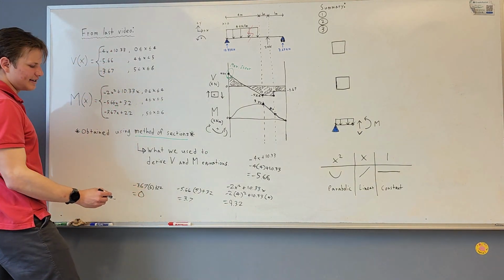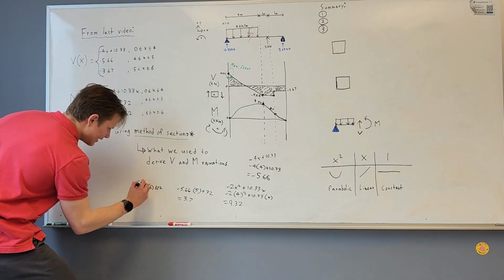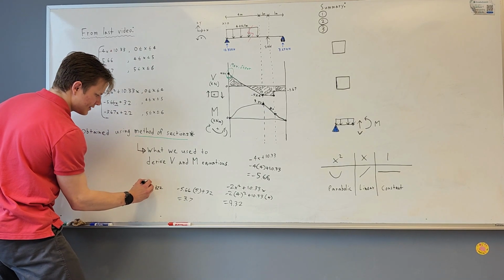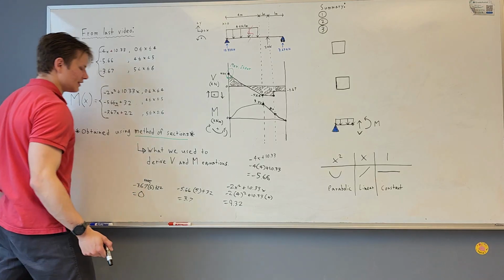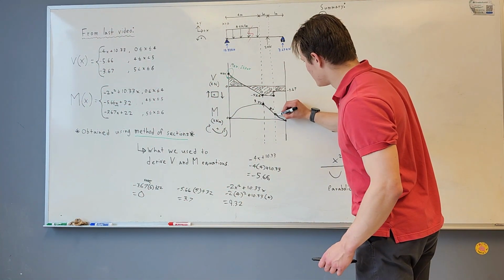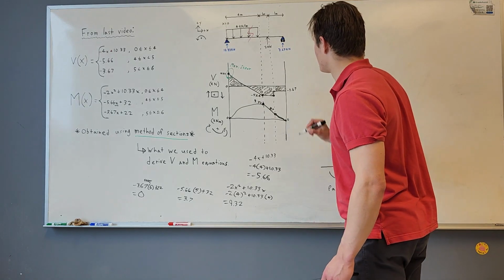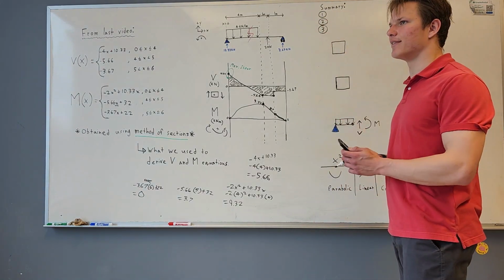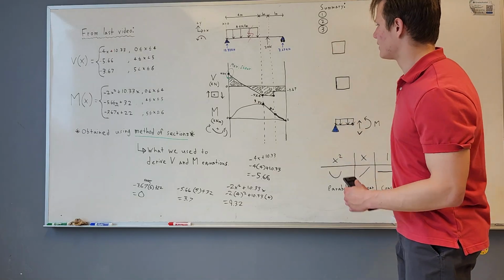And it's not exactly 0 because this is actually 0.66666 and then a 7. I just rounded, so it's a little bit off, but we know that this is going to come down to 0 because at a roller, we know a roller does not support a moment. There is 0 moment acting at this point.